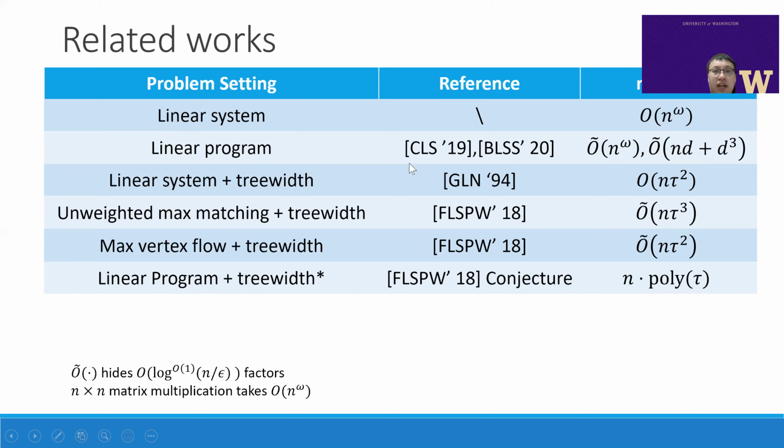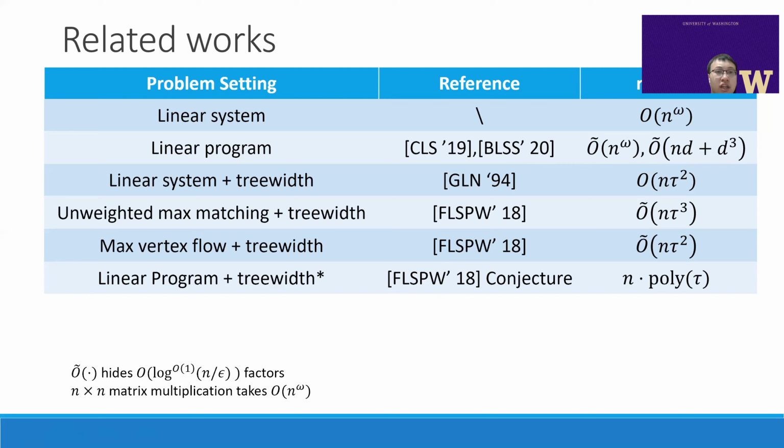And recently, Michael Cohen, IntelliLi, and Zhao Song showed that they can solve general linear programs in time n to the omega. And later, Jan van den Brand, IntelliLi, Aaron Sidford, and Zhao Song showed that for tall dense linear programs, they can solve it in nd plus d cubed time. And here, the tilde hides the polylog n over epsilon factors.